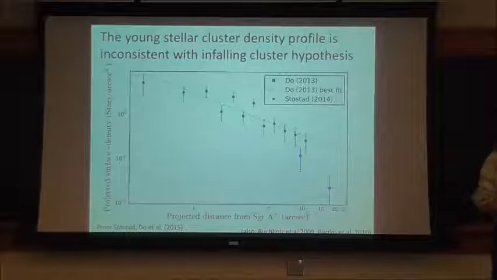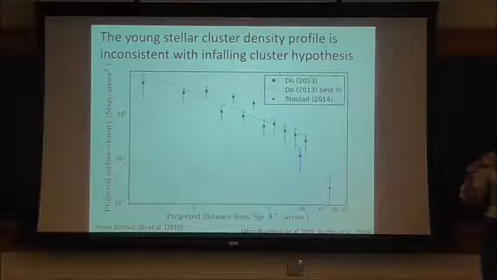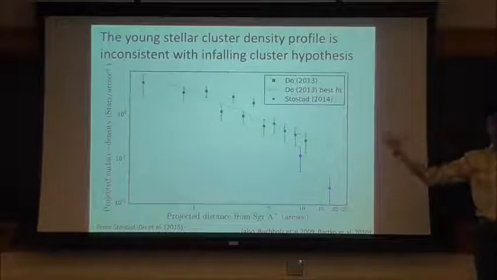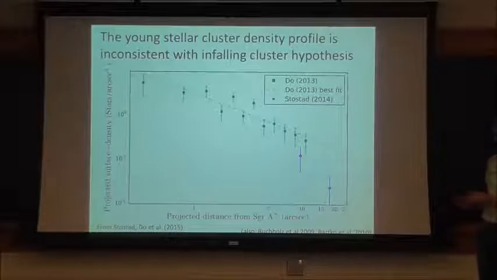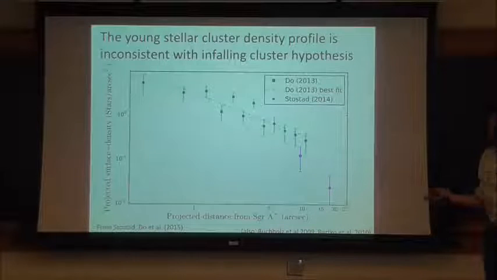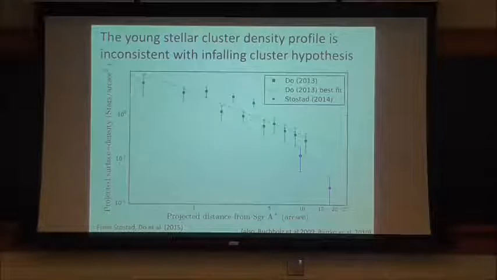Before, not very much spectroscopy was done; we're slowly expanding our radii in spectroscopy, and we finally got beyond about half a parsec, and then suddenly we see no young stars. I think this really disfavors the infalling cluster hypothesis, because you'd expect to see this trail of stars, like I said before, and this truncation is what you'd expect maybe if you had star formation in a disk. But it's also kind of surprising. It's very small, like half a parsec. It's a very compact formation.